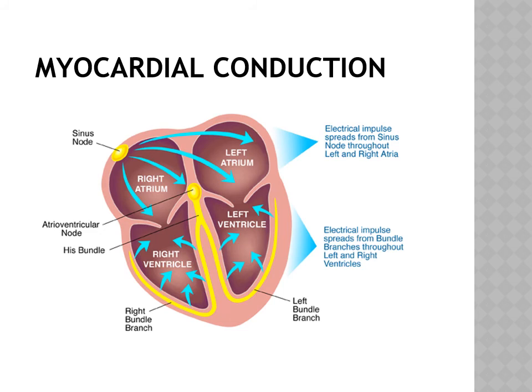So the electrical impulses essentially are what spread throughout the heart to basically cause ventricular contraction. And you can see here, starting at the sinus node, how those electrical impulses travel throughout the heart.